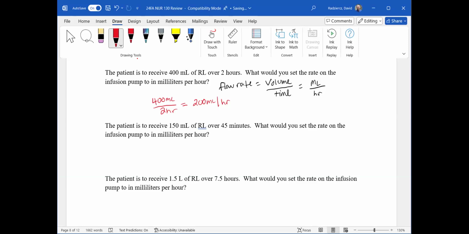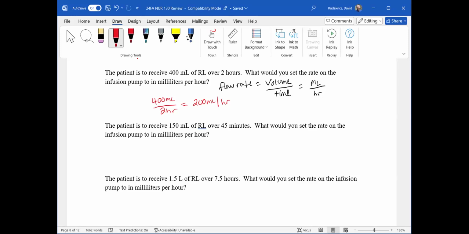Believe it or not, this is a commonly missed question because students are often looking for more things to do. There is nothing more to do. It's just the 400 over 2, reduce it. Just put in your calculator 400 divided by 2, and now you have your milliliters per hour. So it's done.